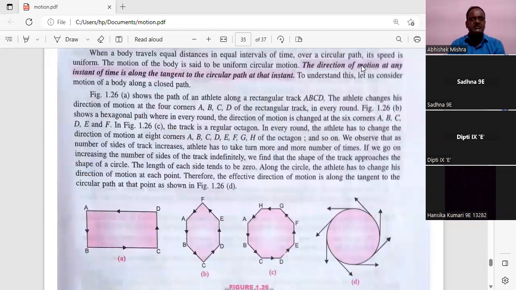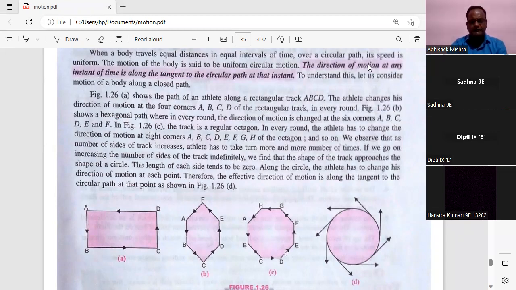When a body travels equal distances in equal intervals of time over a circular path, its speed is uniform, and the motion of the body is said to be uniform circular motion. The direction of the motion at any instant of time is along the tangent to the circular path. I will be telling you how this happens.